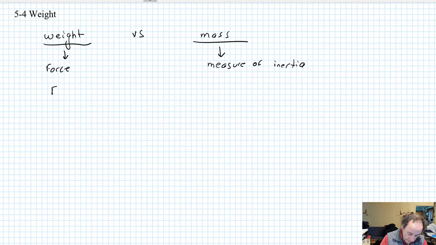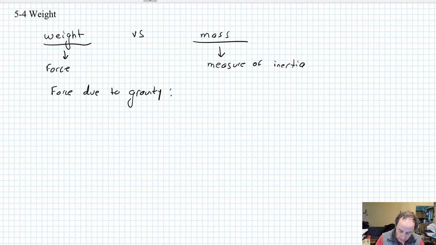So, the force due to gravity, F sub g, is the mass times the acceleration due to gravity, which we usually just write as mg.